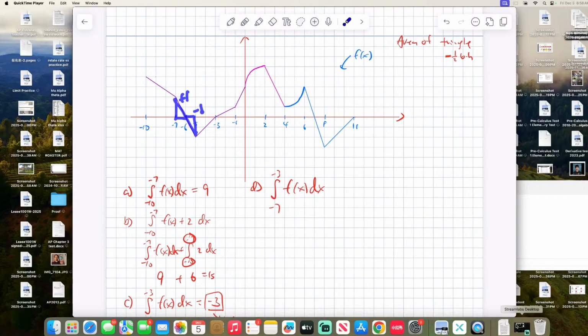But there's another area here that is -2 because it's below the x-axis. So you can break it up into two parts. From -7 to -6 is +1, -6 to -5 is -1, and then from -5 to -3 is below the x-axis. That's why you get -2.